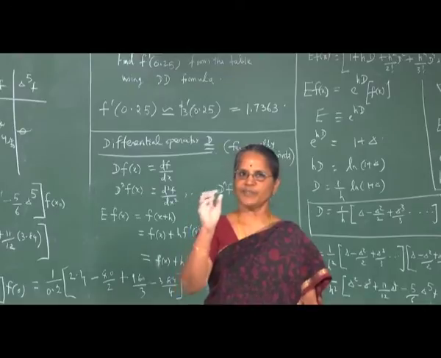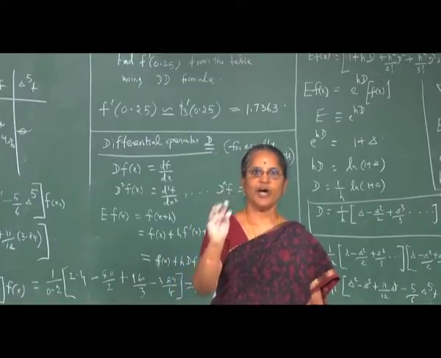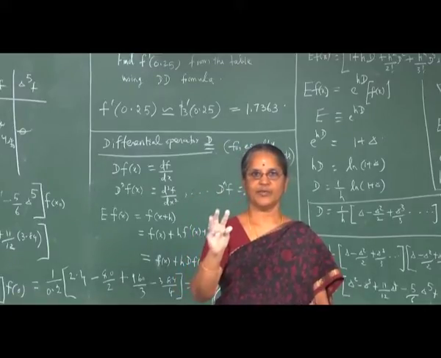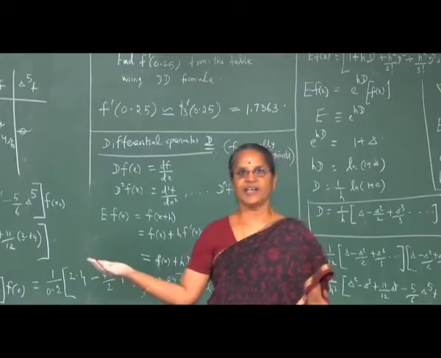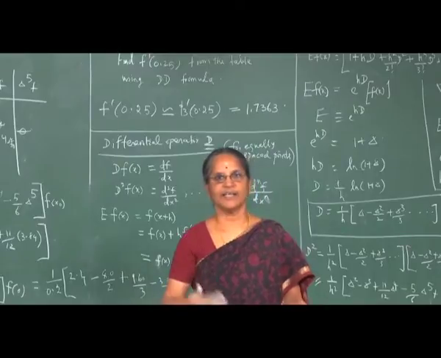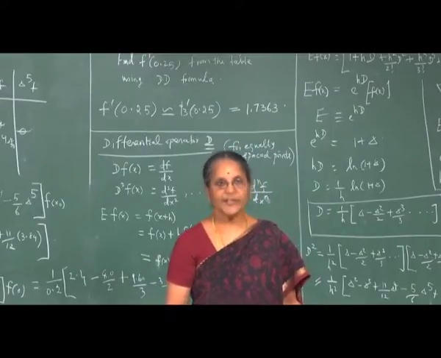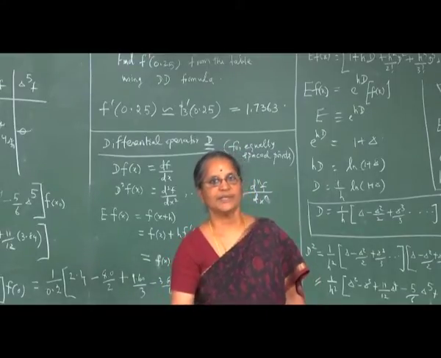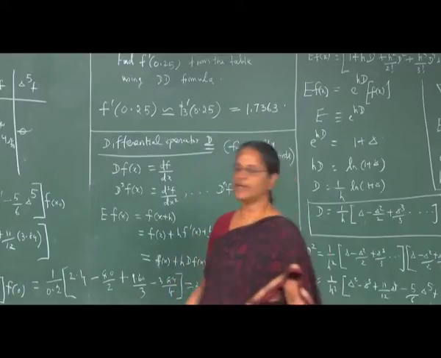Namely, even for small round off errors in the function values, we may get large errors or large deviations, so that the method is an unstable method. So, we would like to illustrate this by the following example.